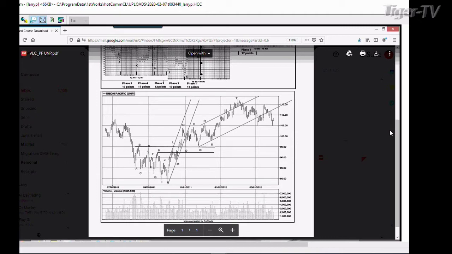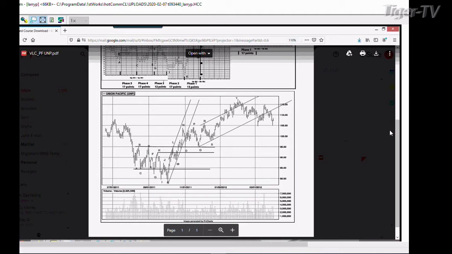Now, the key to this is phases. These are not automatic and mechanical decisions that we make. When we look at the vertical line chart, we see how it goes up and down and up and down, and those are phases. We will look for the point and figure chart to reflect those particular phases.